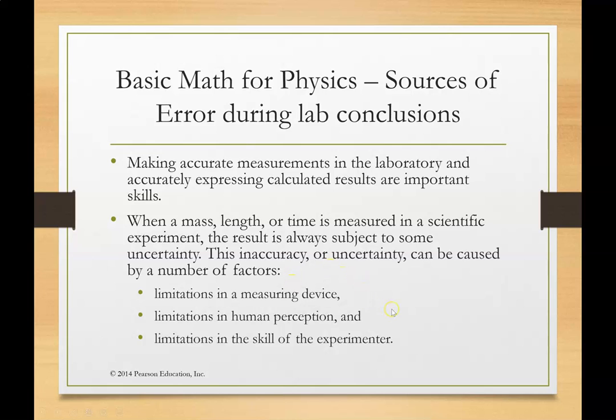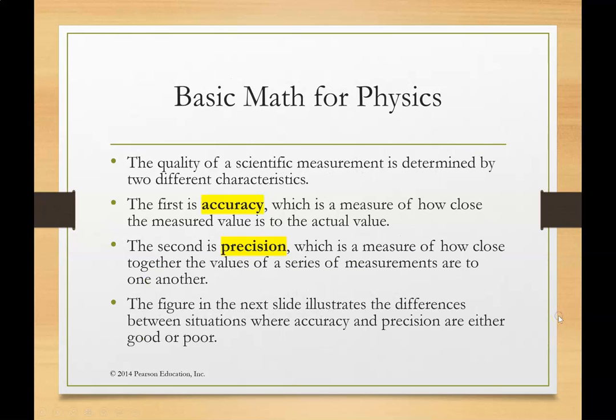And some of the go-to ones are limitations in your measuring device, limitations in your perception or reading error, and limitations of the skill of the experimenter. All of those things could be used for sources of error in a lab conclusion, but again, we'll get towards that in detail later when we get there.